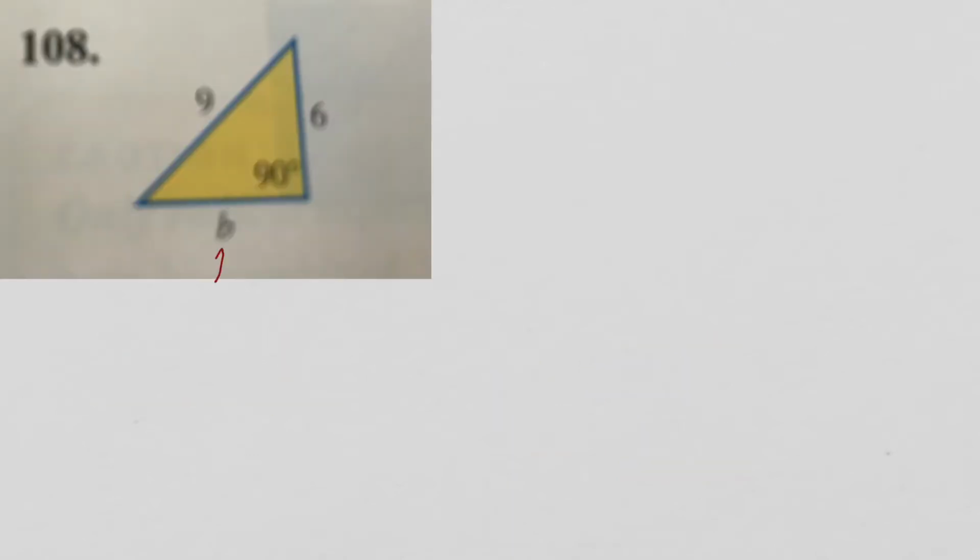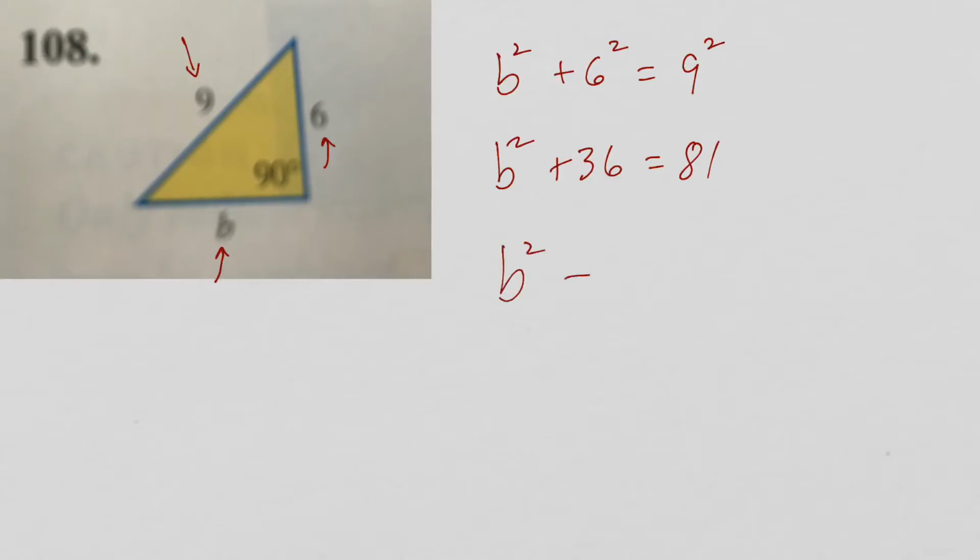Okay, so the b and the 6 are the legs. So b squared plus 6 squared is equal to the square of the hypotenuse. So we have b squared plus 36 is equal to 81. So b squared is equal to 81 minus 36, that's 45. So b is normally plus and minus, but we can't have a negative physical dimension.